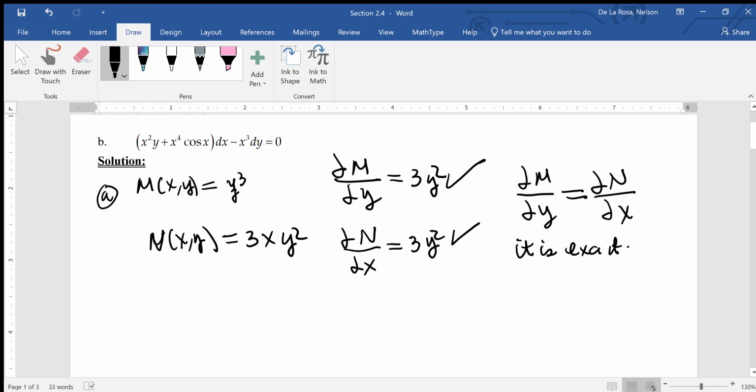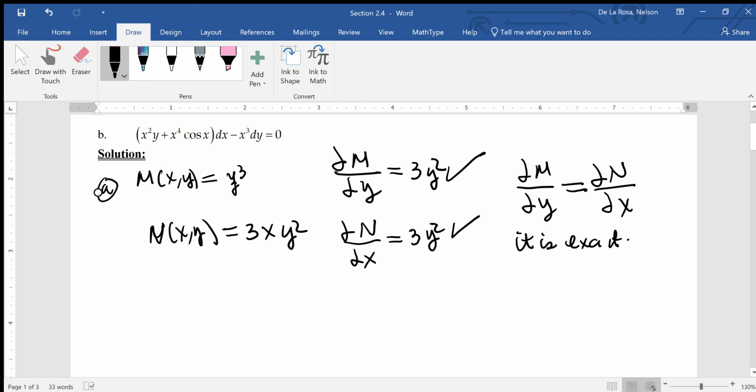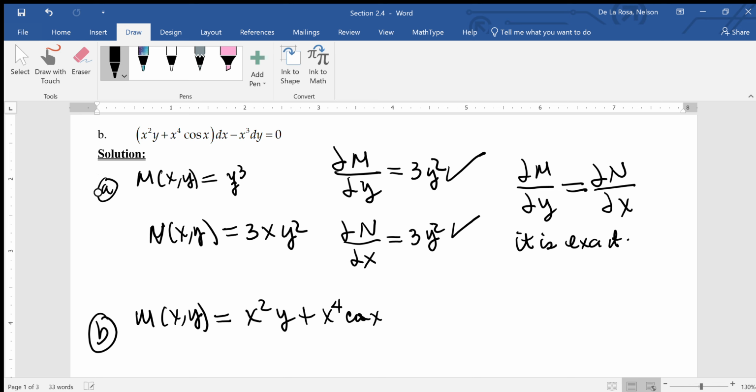Let's see part B. Part B, M of x comma y. Well, again, M is that expression multiplying dx. The expression in B multiplying dx is x to the second y plus x to the 4 cosine of x.